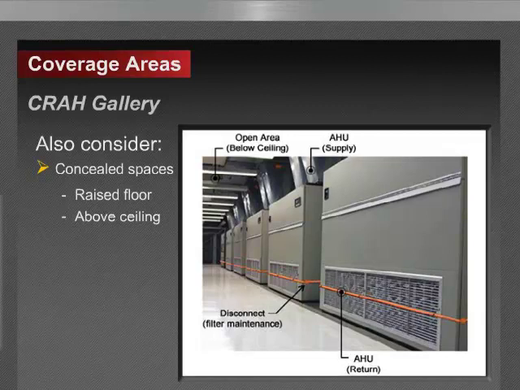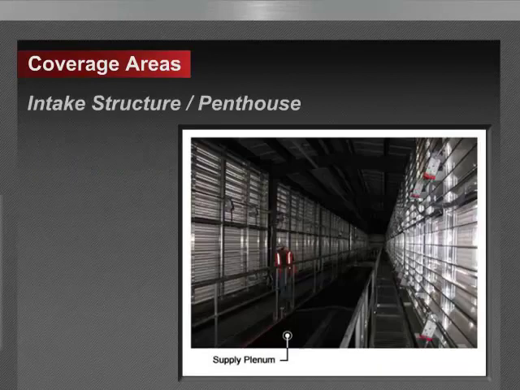In intake structures or penthouses, consider placement of sampling points within the path of the incoming airstream, again with the intent of detecting the outside environment, which we can consider as an adjacency, which could lend itself to bringing contaminants through the rest of the facility, and we want to monitor this point. So a good method is, again, to monitor the incoming airstream in these spaces.